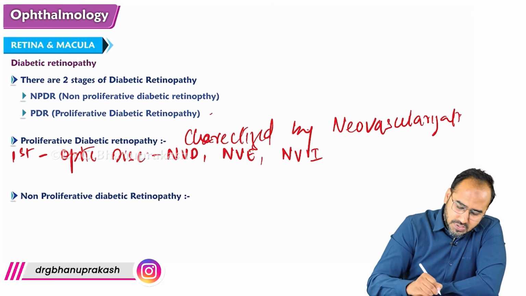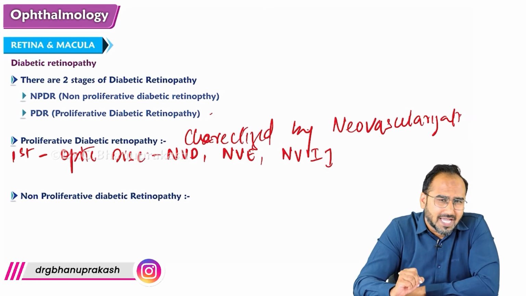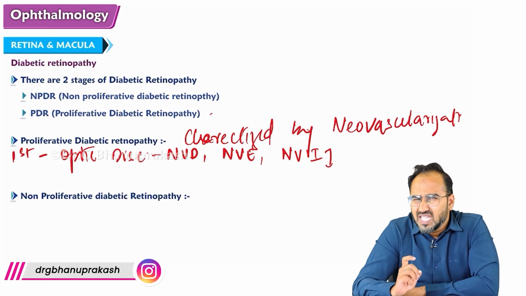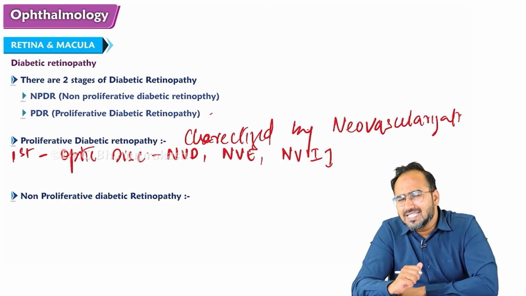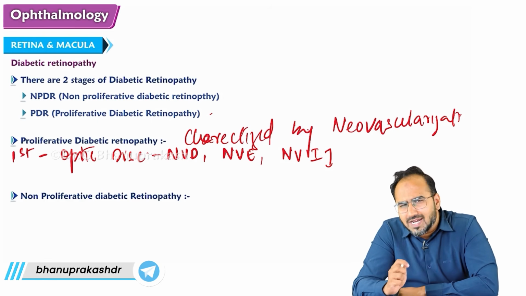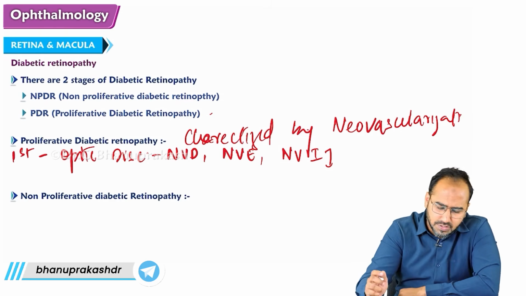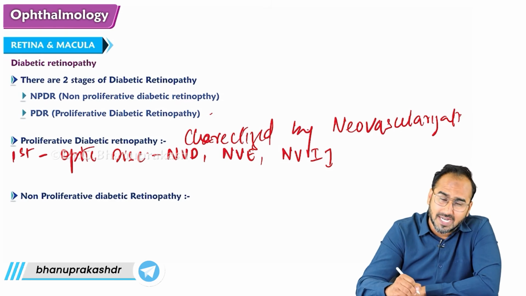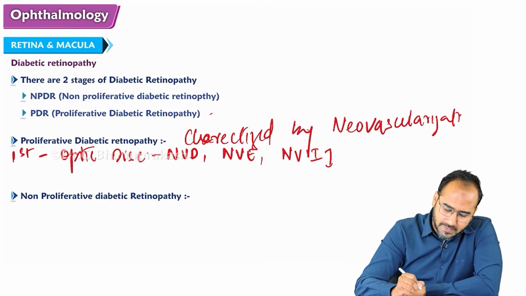Right? So, if new blood vessels are formed in the iris, what will happen? The iris becomes heavy and shaky. That iris sticks to the lens, leading to what? Leading to closure of the posterior chamber. That leads to increased pressure, iris bombé, and angle closure glaucoma. Such a glaucoma that occurs due to new blood vessels being formed is called neovascular glaucoma.